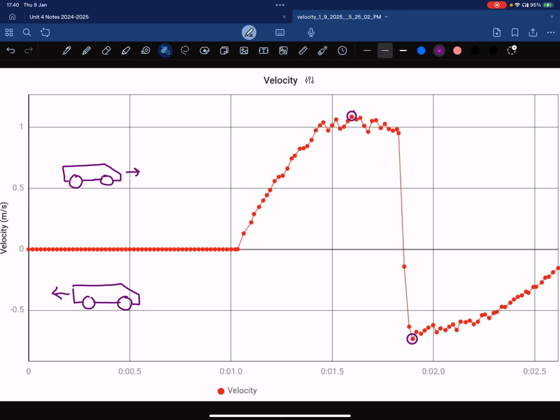So this one right here was 1.085 meters per second, and this one down here was negative 0.734 meters per second.